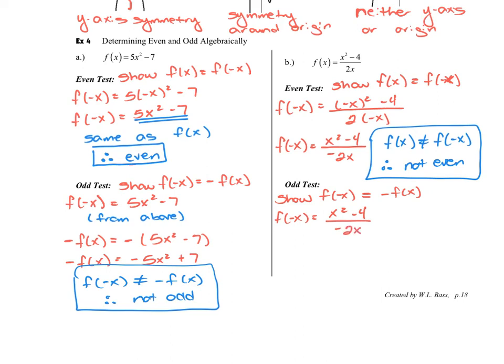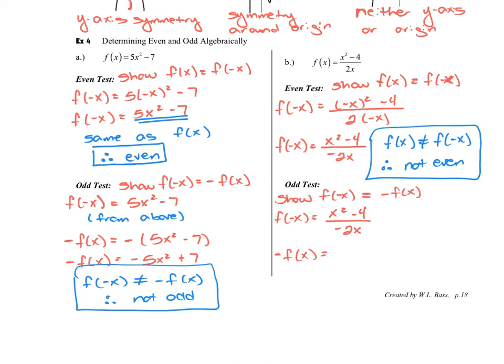Now, let's figure out what is our negative f of x. And I will tell you, folks, that the fractions throw people off on this. We need to take this negative right here, and we need to apply it to either the numerator or the denominator. But we do have to choose.